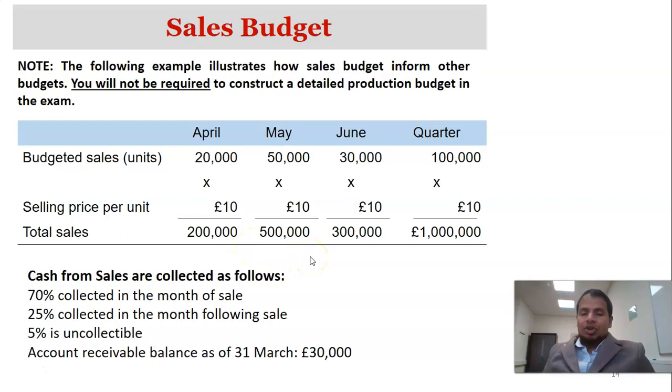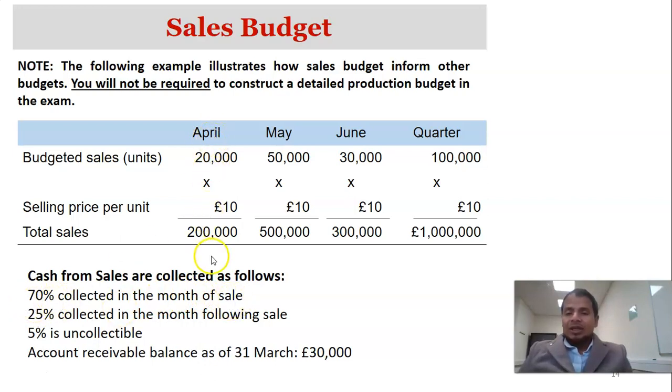All right. Based on the following information, we can prepare the cash budget or cash collections. It says 70% of the sales in a month is collected in the month of sale.